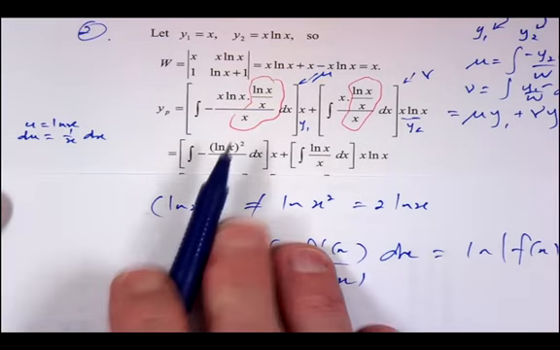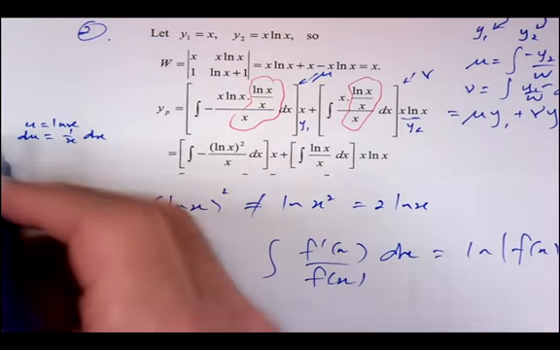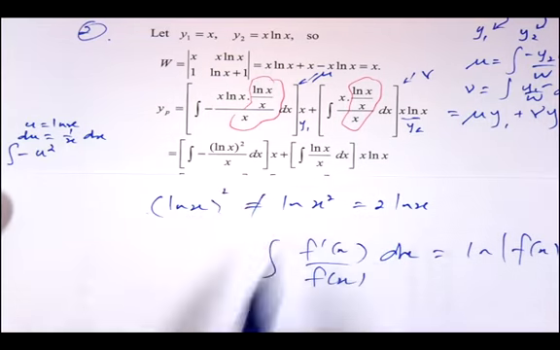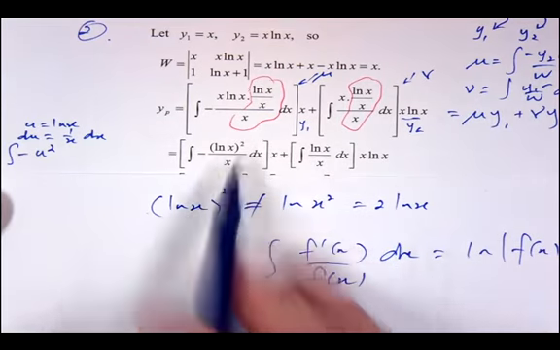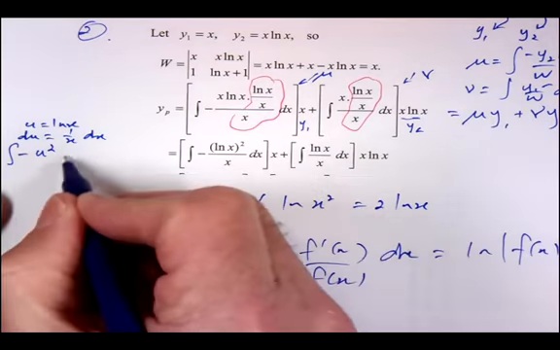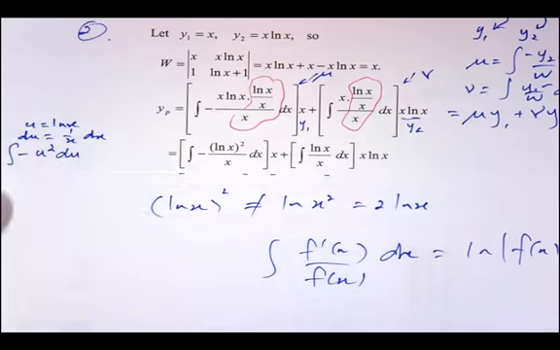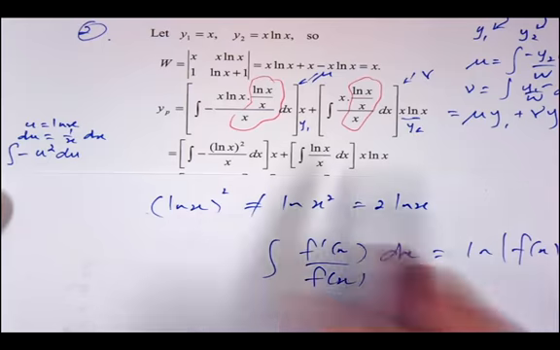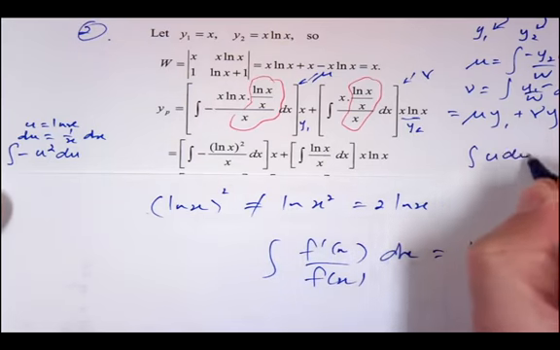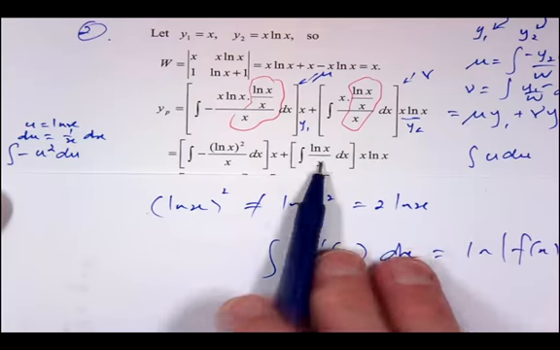This first integral becomes the integral of minus u squared, and then the 1 on x, remember there's a sort of hidden 1 there, so there's a 1 on x dx, which is the same as du. And the second integral becomes the integral of u du.